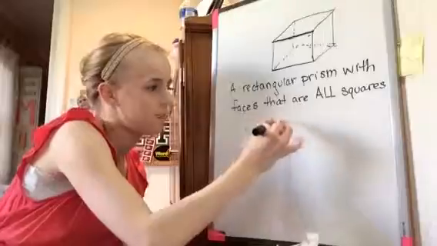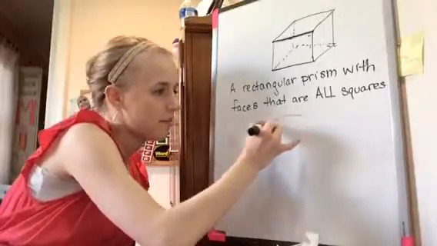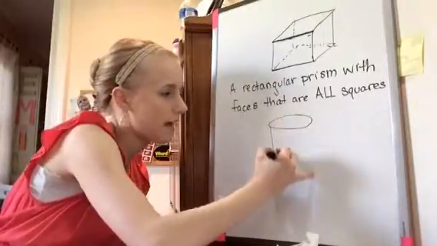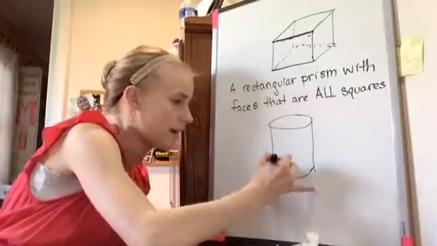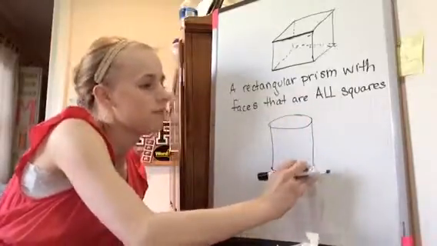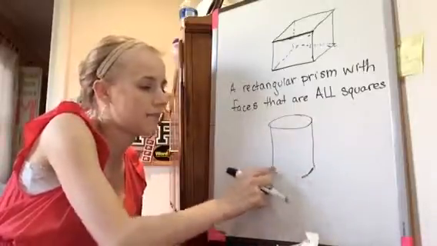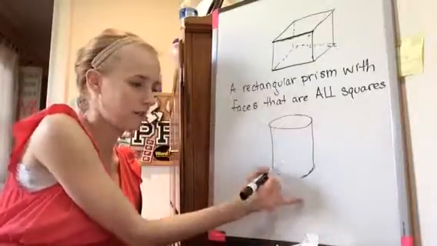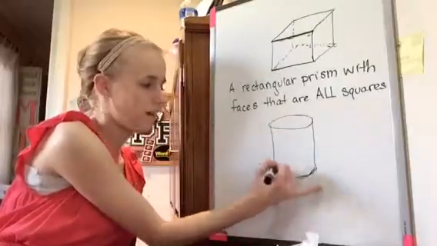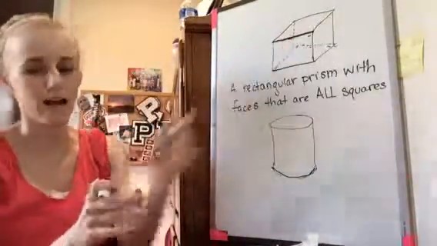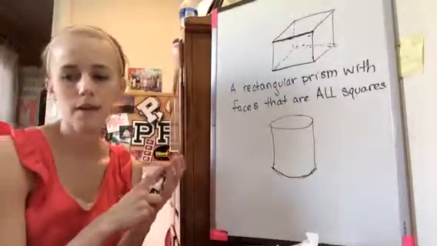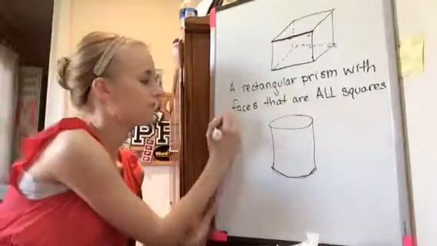Now, a cylinder is kind of like an oatmeal container or a can of soda. You kind of think of it like that. Now, we have to look at it a little differently than the figures that are very clean cut. They have edges and stuff.